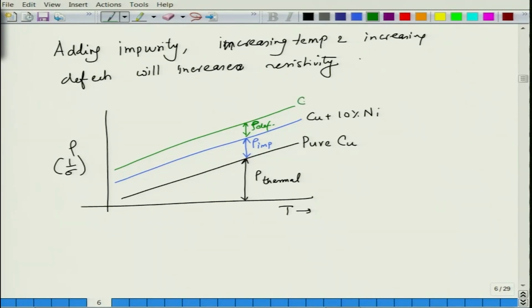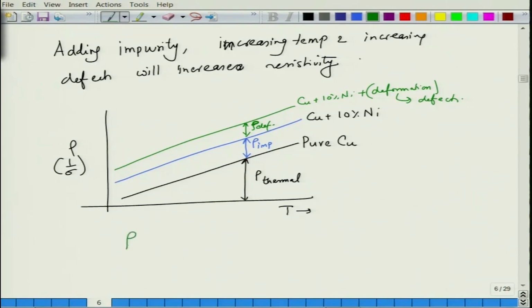So this you can say is copper plus 10% nickel plus deformation. So that is how the resistivity will vary. Essentially resistivity increases with increasing impurity content, increasing temperature as well as increasing defect content.